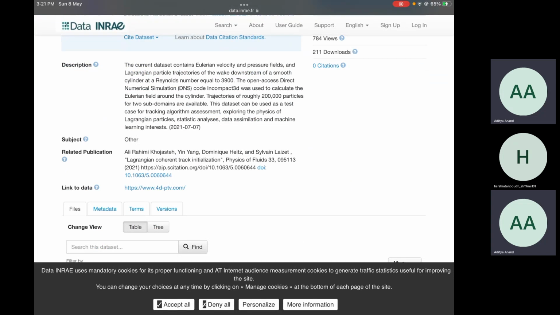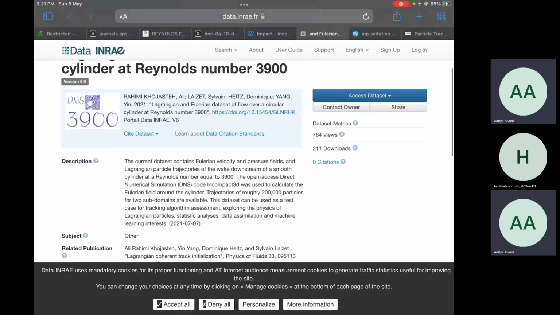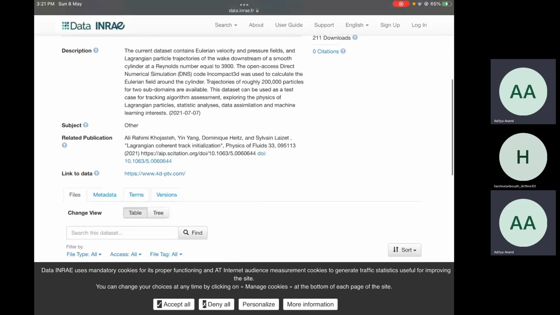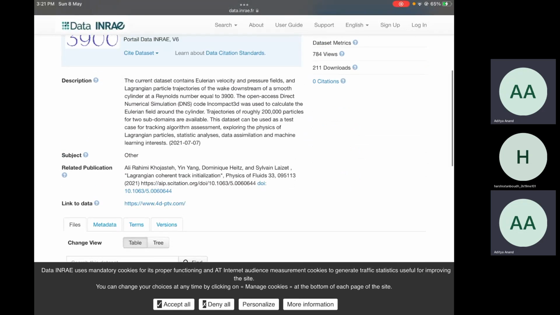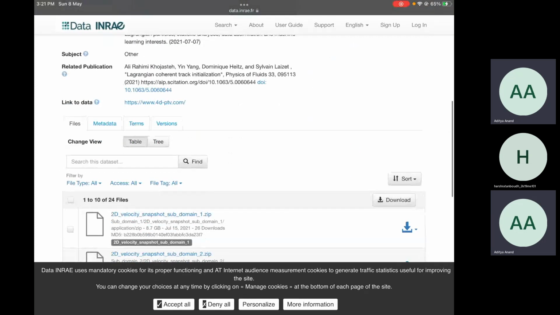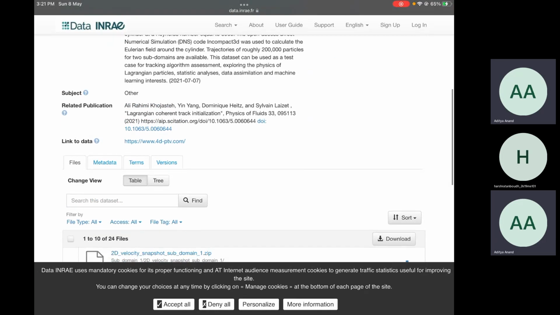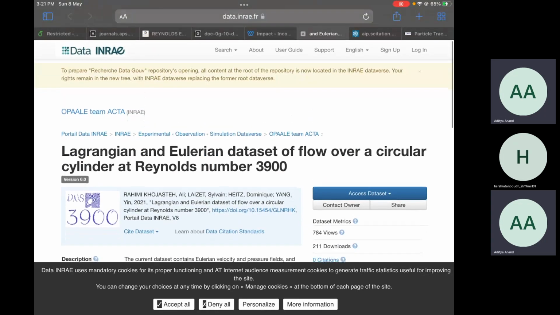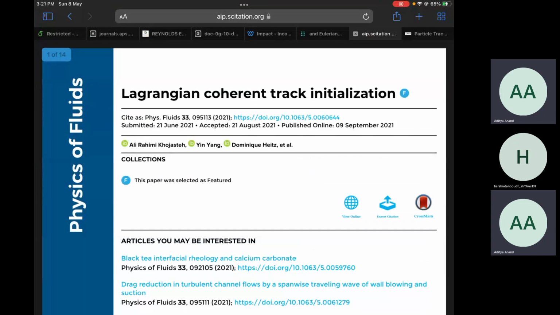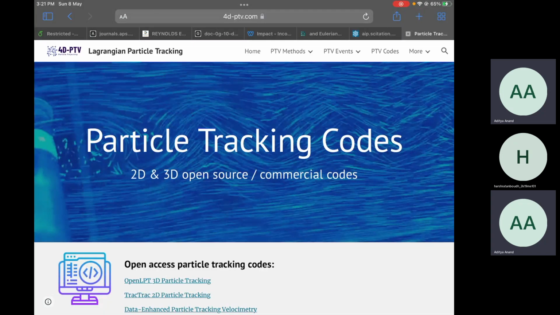You know, there is a related publication called Lagrangian coherent track initiation. So we'll also look at what this is about. But first, we'll go to this website, 4DPTV. Since we are talking about particle tracking, we'll look at what options are there.